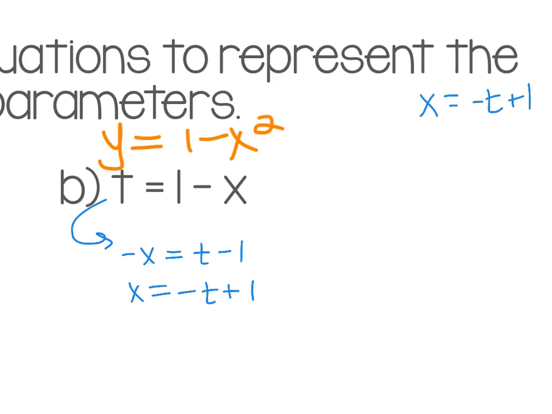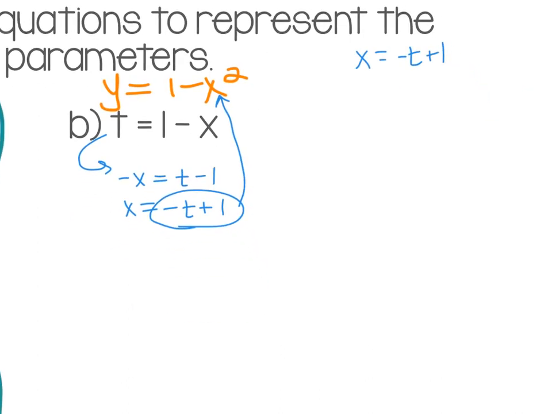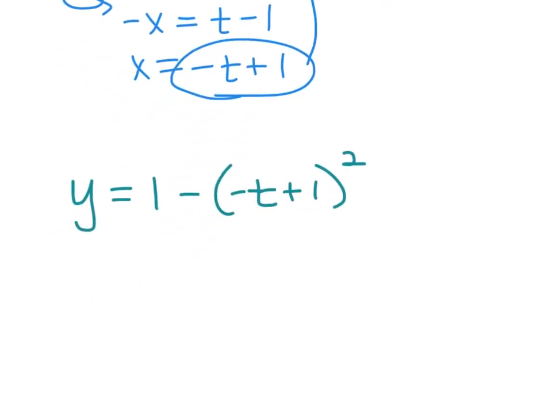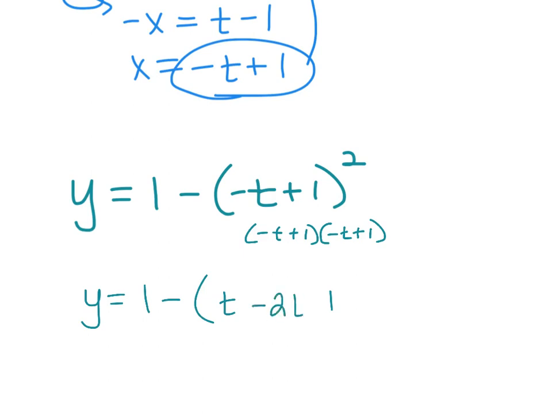And then I have to take what x equals and plug it into the first equation in place of the x. So I'd get y equals 1 minus negative t plus 1 squared. This needs to get simplified. So I can either expand and FOIL that, or I can use my shortcut that we reviewed in the rotations, which is square the first term, square the last term, multiply the two together, that'd be a negative t, and then double it, that'd be a negative 2t.